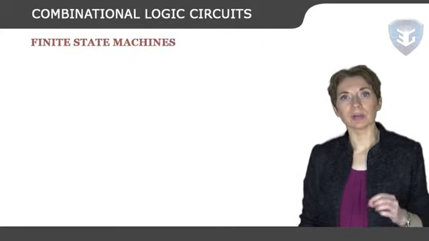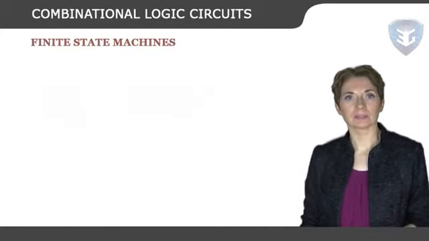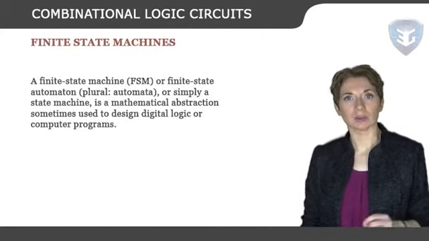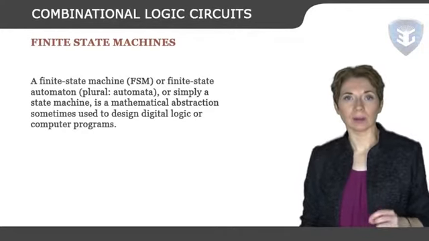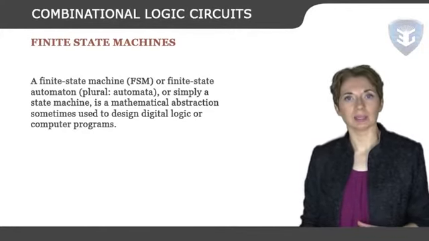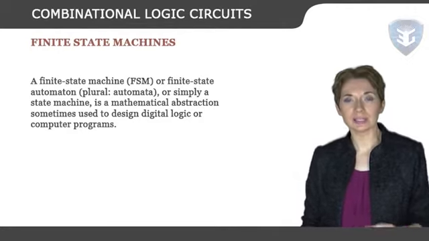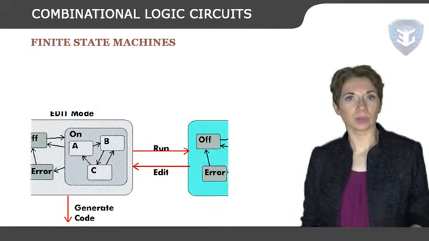Let's now learn about finite state machines. A finite state machine, or FSM, or finite state automaton, plural automata, or simply a state machine, is a mathematical abstraction sometimes used to design digital logic or computer programs.